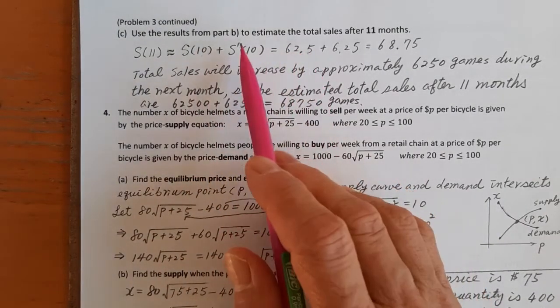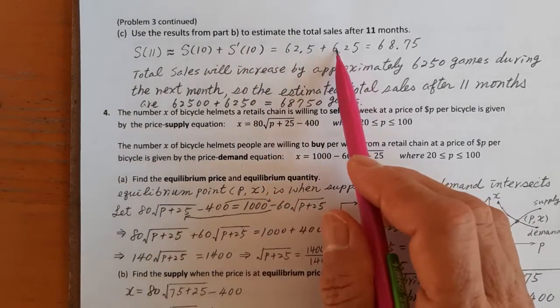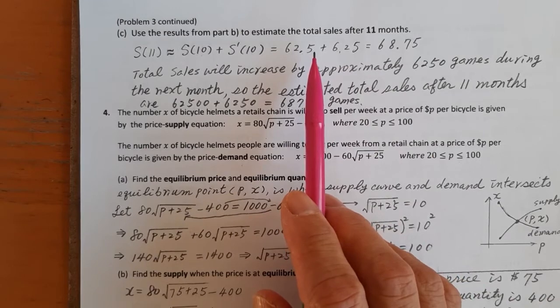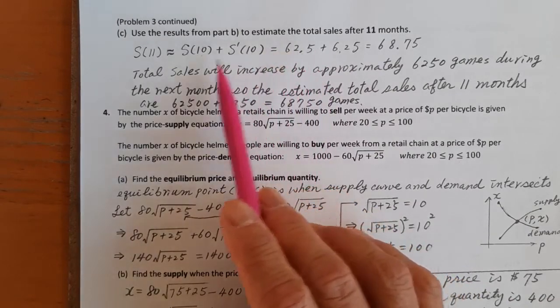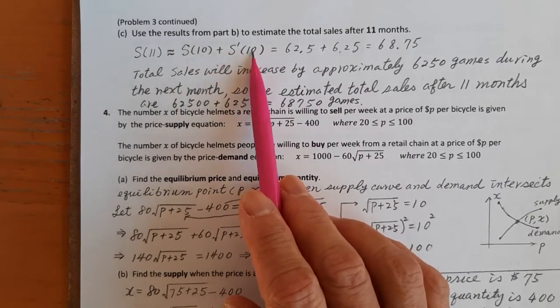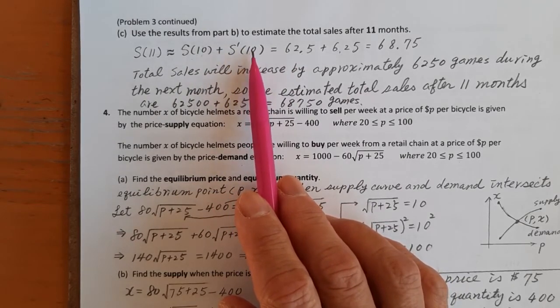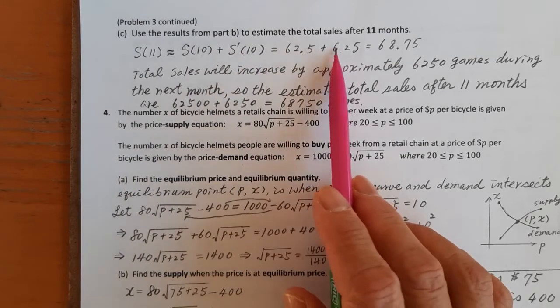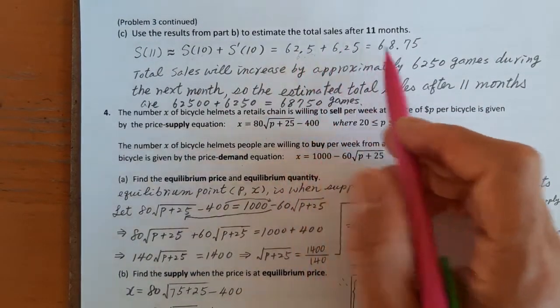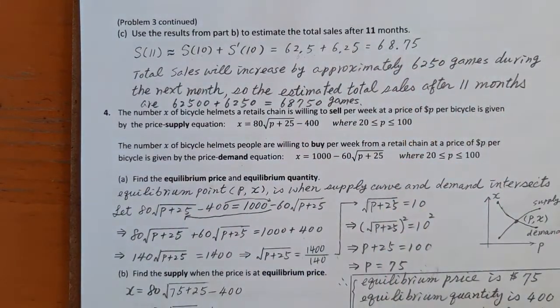From B, we got S of 10 is 62.5. The instantaneous rate of change, S prime of 10, is 6.25. Add together, you got 68.75.